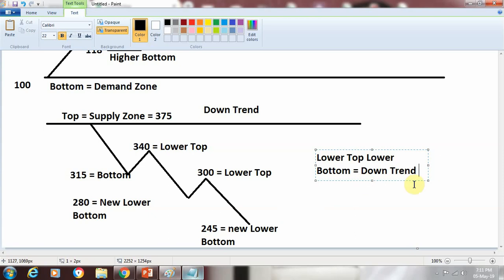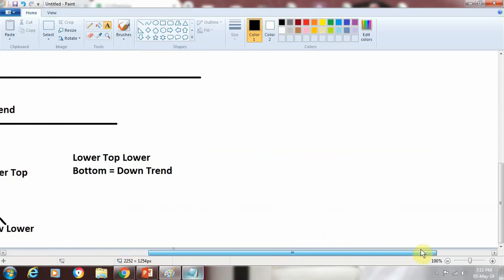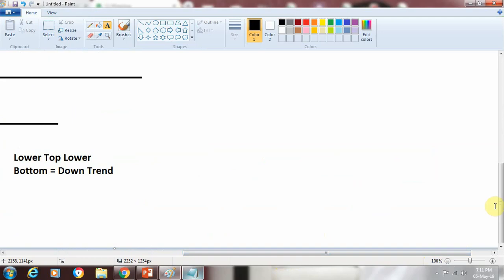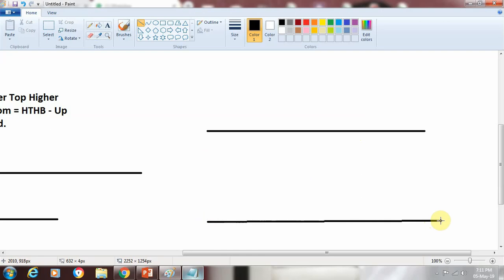Now let's understand the third trend in the market, which is the sideways market. For a sideways market, we have a defined supply zone and a defined demand zone.